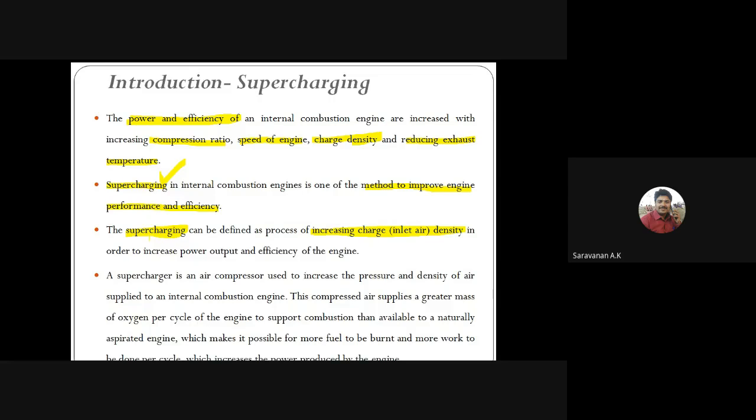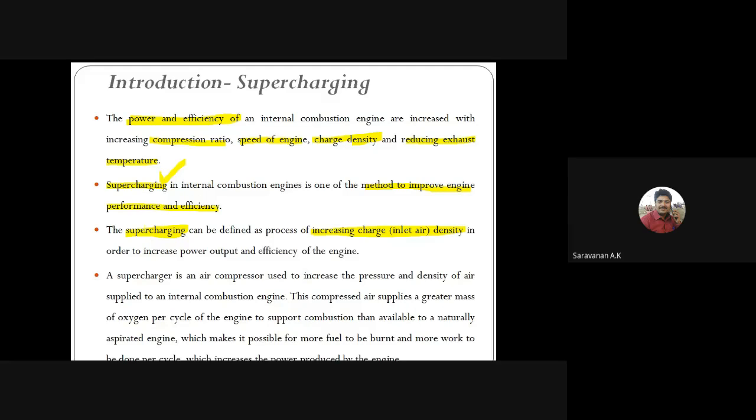Supercharging means we have to supply a greater amount of air to the engine. More air obviously means more density, and density is mass by volume. If the mass flowing in a particular volume increases, the density automatically increases.